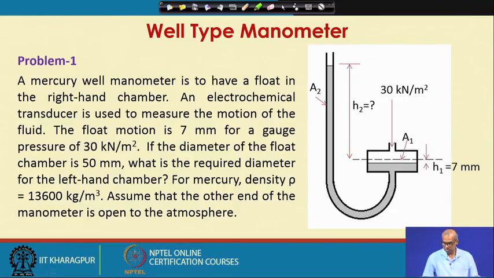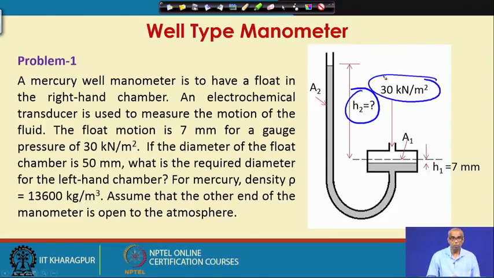So, first let us try to find out what is H2. Given for 30 kilonewton per meter square pressure, this level of mercury in the well goes down by 7 millimeter.